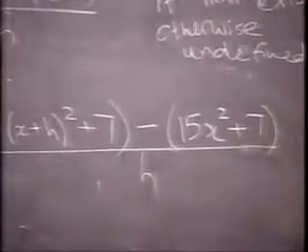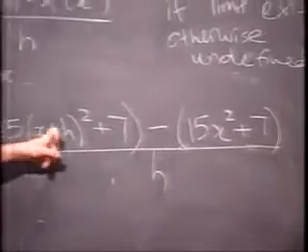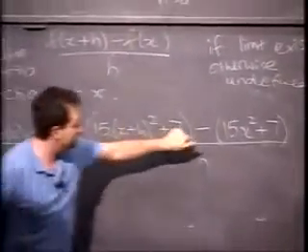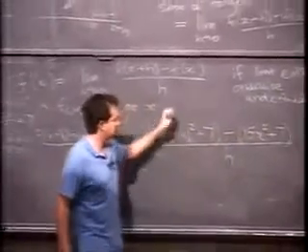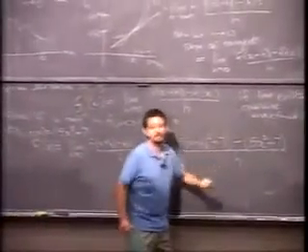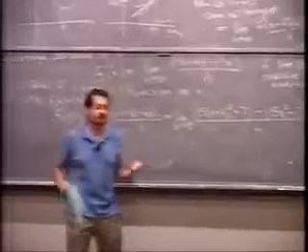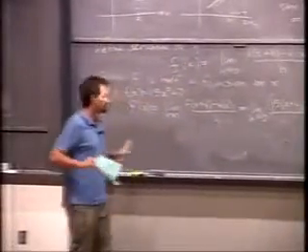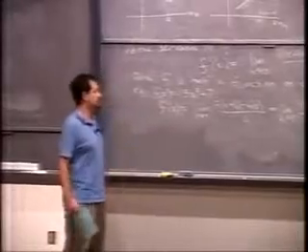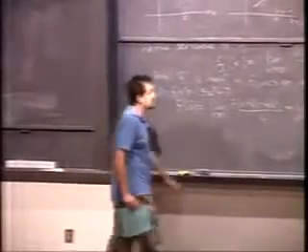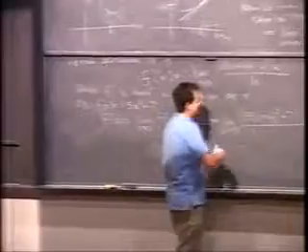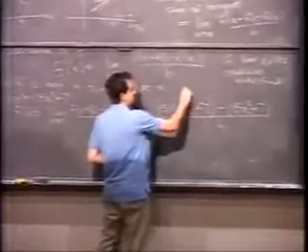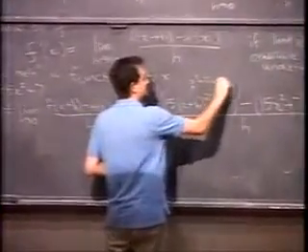Now, if you just try plugging in h equals 0, you'll actually get 15x squared plus 7 minus 15x squared plus 7. So you get 0 on the top over 0 on the bottom. So this is, by definition, an indeterminate form. Remember, 0 over 0, you've got to work harder. You've got to do something clever. And in this case, it's not very clever. All you have to do is expand this out into x squared plus 2xh plus h squared.